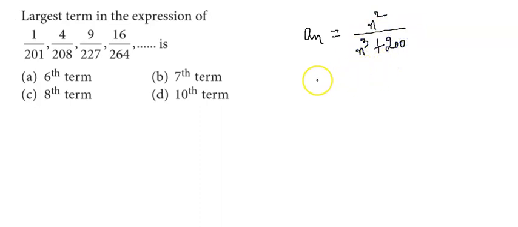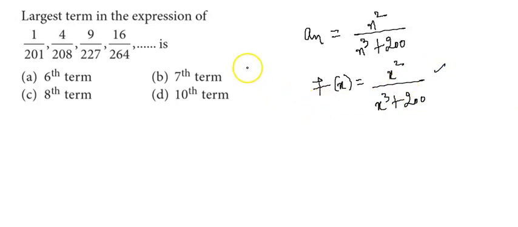Or you can say that the function f x is x square upon x cube plus 200, and we need to find the largest term in its expansion.